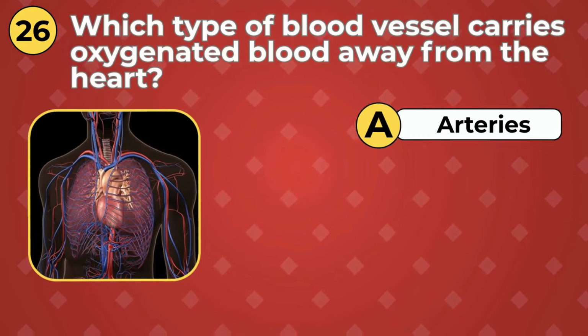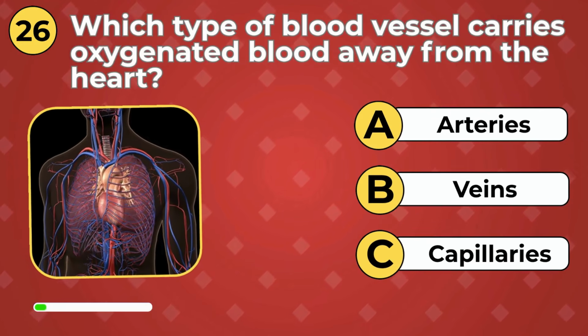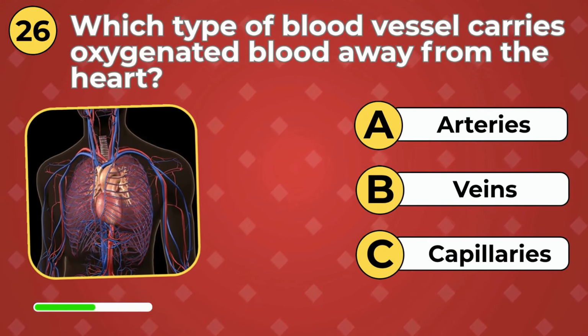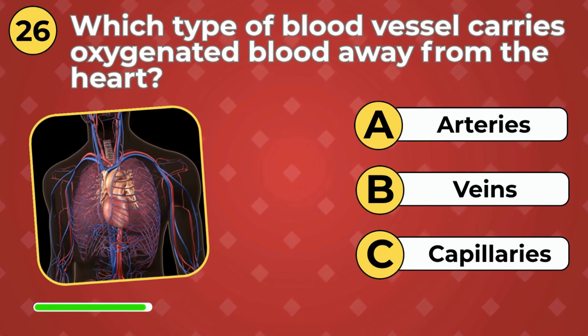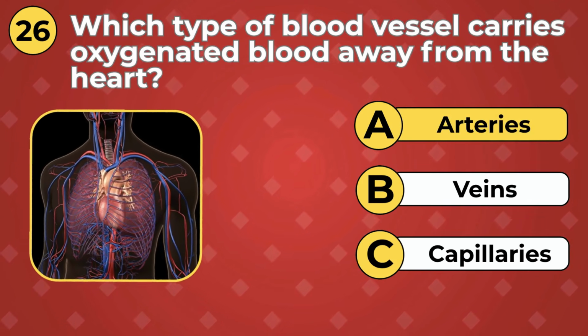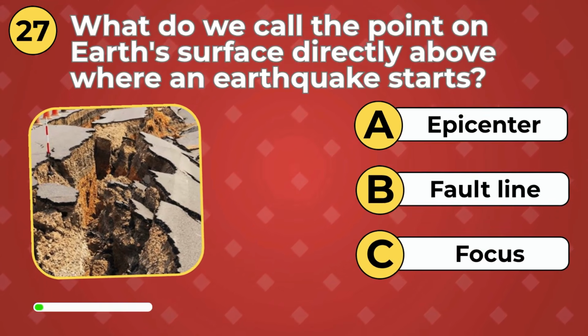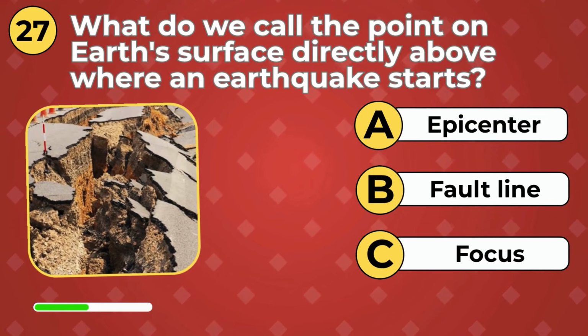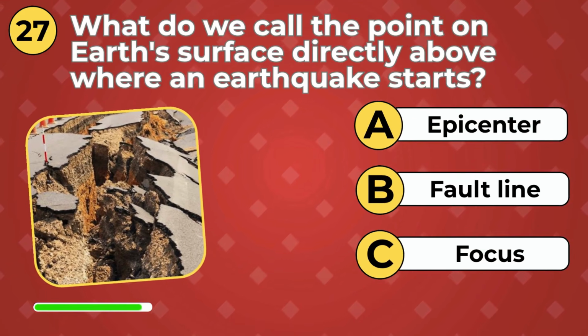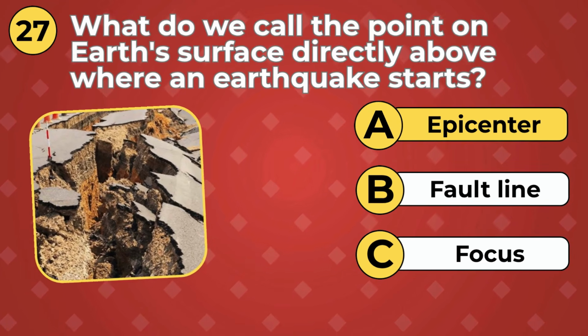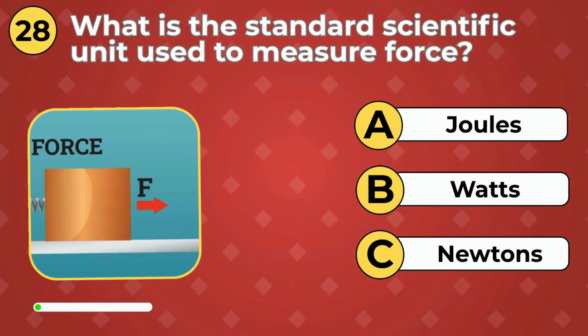Which type of blood vessel carries oxygenated blood away from the heart? Arteries. What do we call the point on Earth's surface directly above where an earthquake starts? The epicenter. What is the standard scientific unit used to measure force?